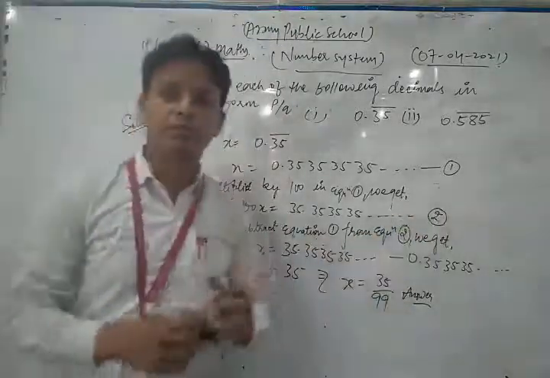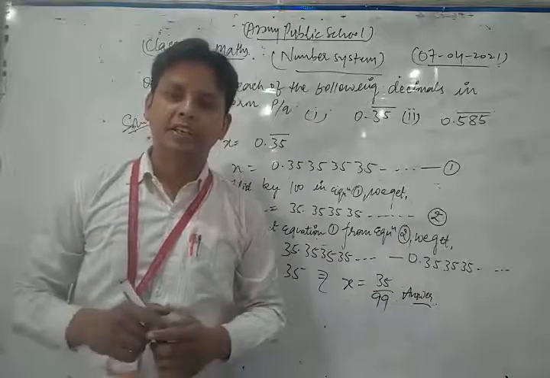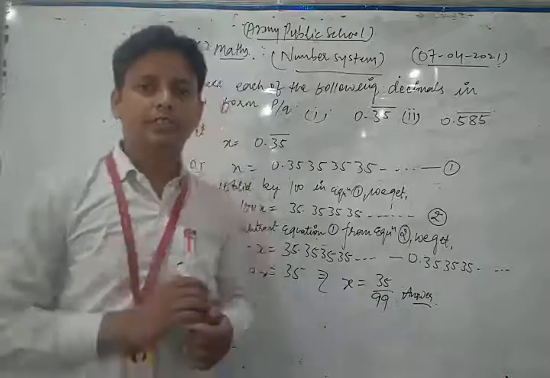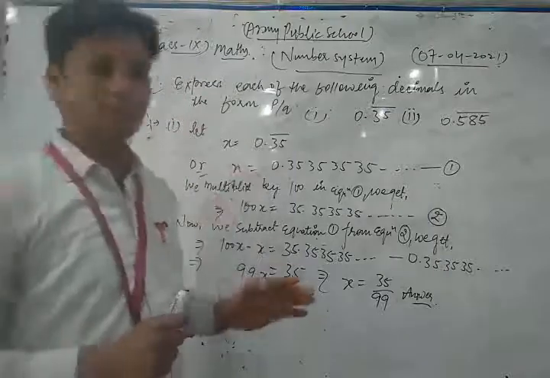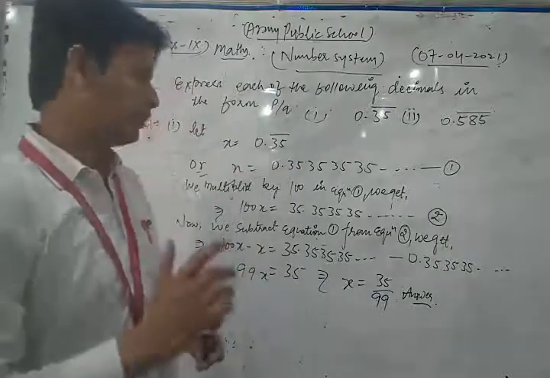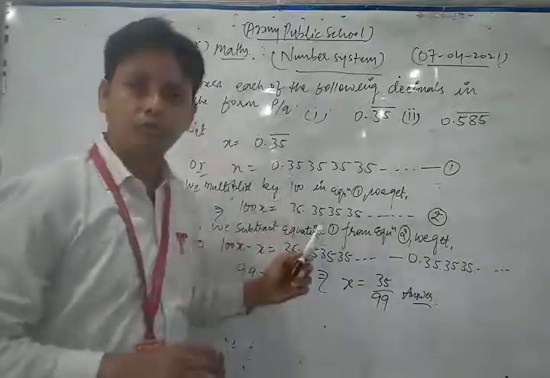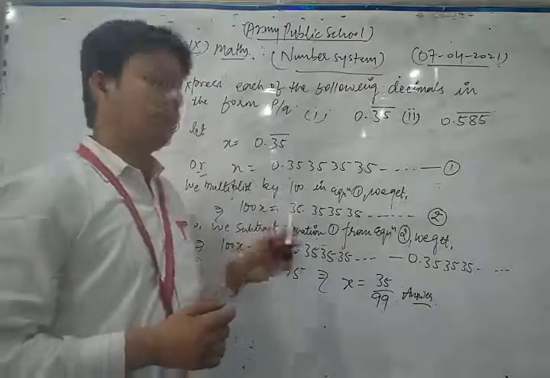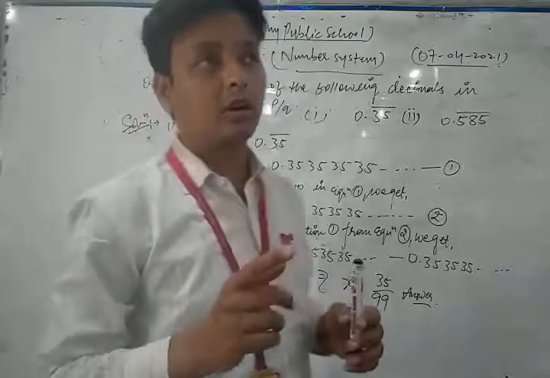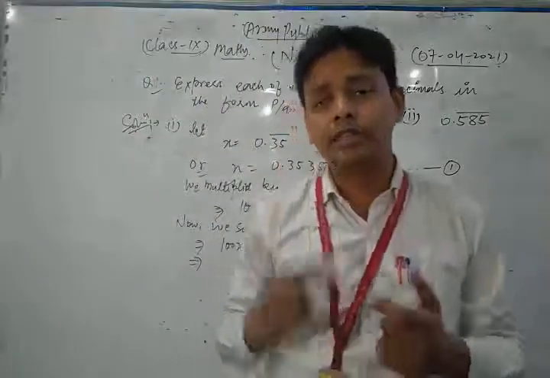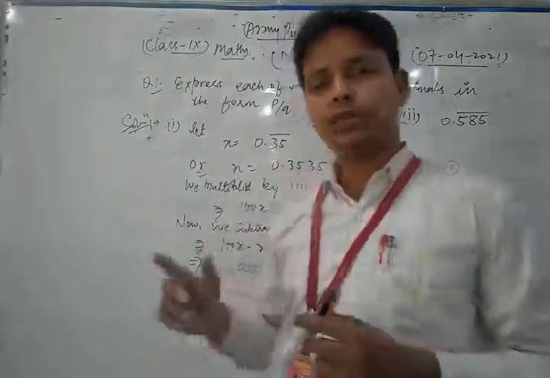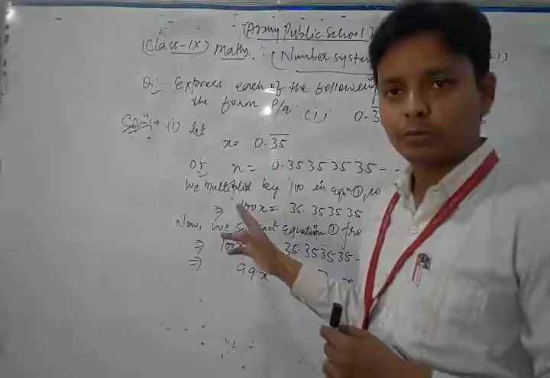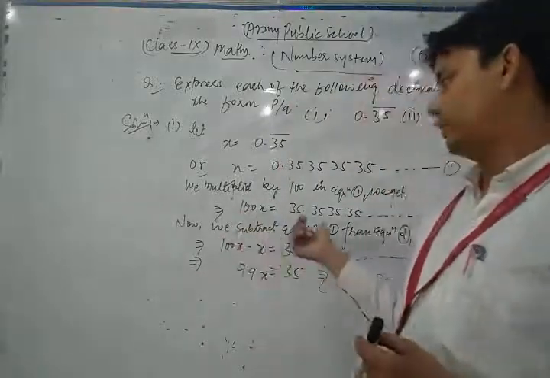Okay, students, in this way you can solve each and every question of your NCERT exercise based on this topic. In the first stage, you take x equal to the given number. After that, you find the number of digits which have a bar. In this question the number of digits having a bar is 2, so we multiply both sides of equation 1 by 100.